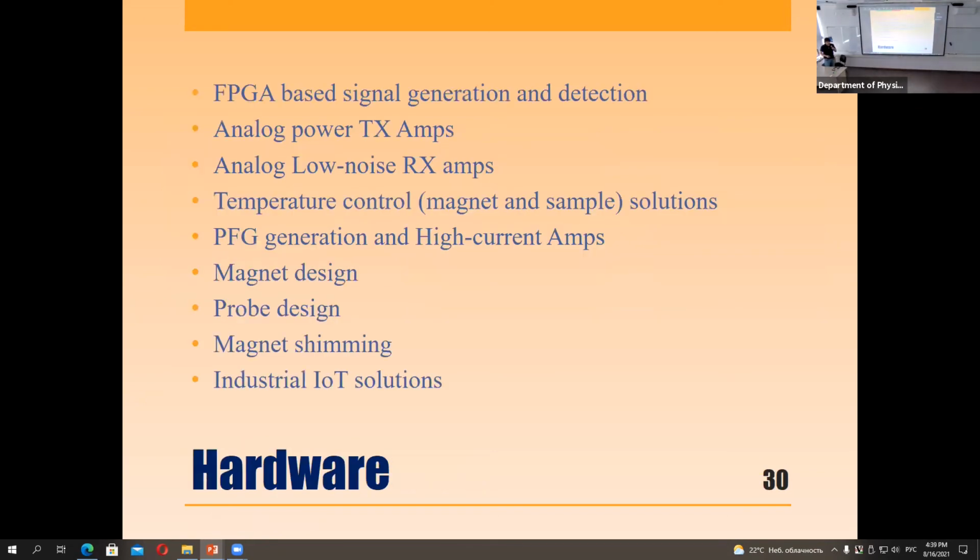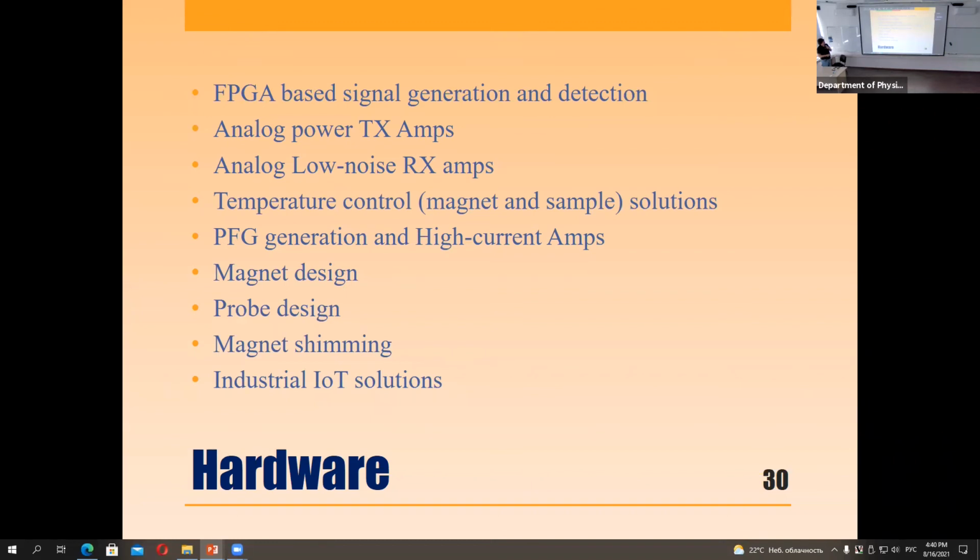Now this is a kind of starting of discussion. Having experience building a company that produces magnetic resonance instruments, I have subdivided into hardware skills and software skills. What is needed to build the instrument? First you need to build something that generates signals of different frequency shapes and pulse sequences.